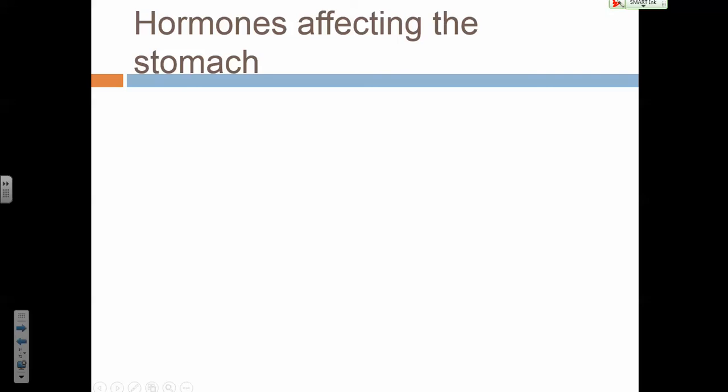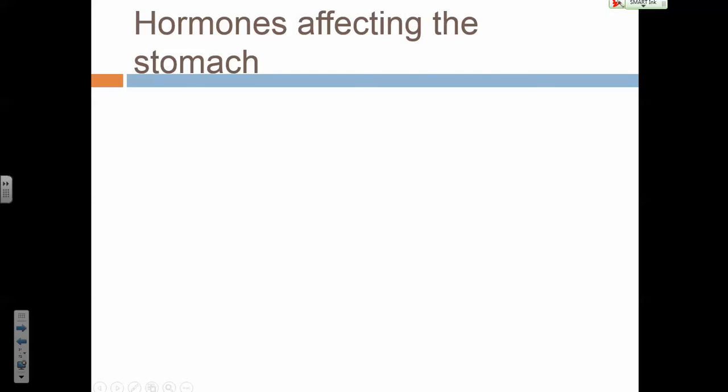But it doesn't work well in an acidic environment. So even though it's released in gastric juice, it doesn't work till it moves somewhere else later on in the digestive tract, unless you just have an awful lot of fat in the foods that you eat, then it might work a little bit. So it's not super effective at the stomach. So that's why I don't want you to know that fats get broken down at the stomach.